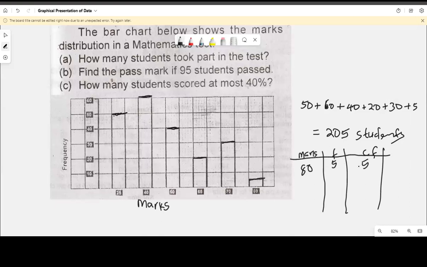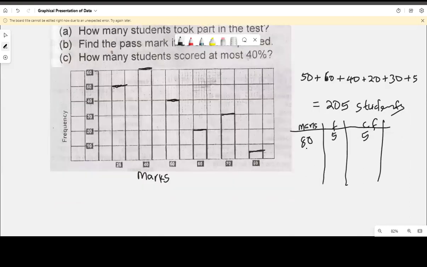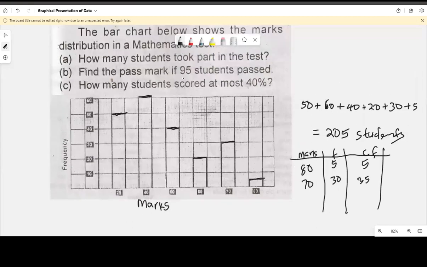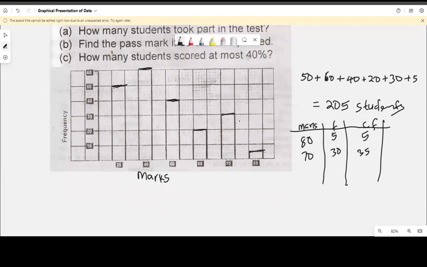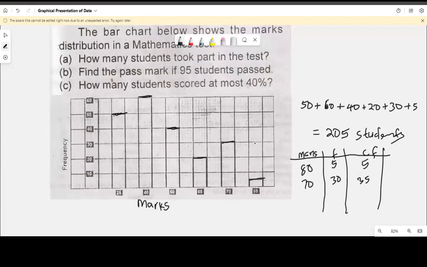The cumulative is still 5. Then 70, how many students scored 70? 30. And 30 plus 5 is 35. Remember, we are trying to arrive at a cumulative frequency of 95 because they say find the pass mark if 95 students pass. So once we get to 95, whatever mark gives us that is the pass mark.